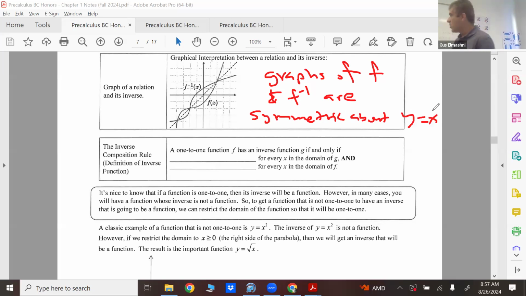So y equals x goes right to the middle of both those graphs. If you were to cut out a square piece in your notes with scissors, and fold that square piece along the dotted line, will both graphs map onto each other? They will. Yes, so that's what's meant by the symmetry. As they should, because you literally are swapping the x and y values.